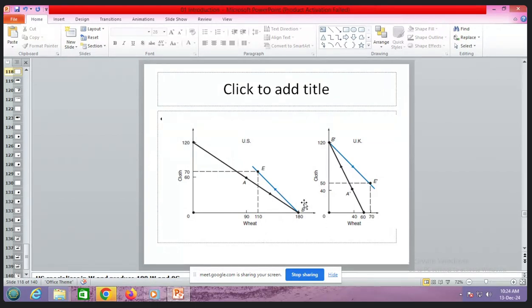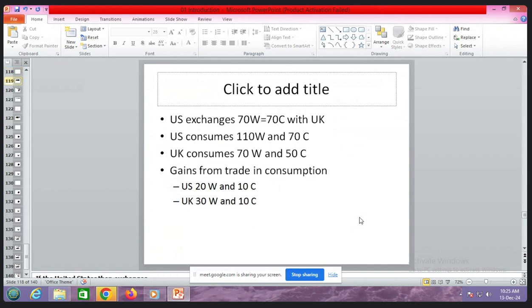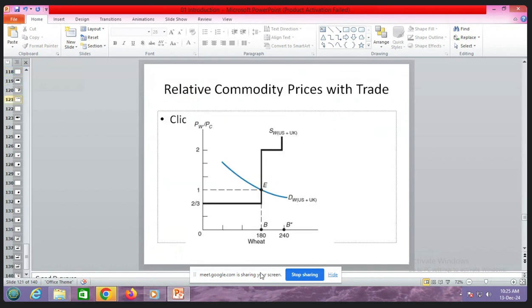We have the relative price as 2/3, which is the slope of this line, and the maximum the US can produce here is 180. And the slope of this curve is 2. So if the relative price is 2/3, the maximum that can be produced is 180. If the relative price is 2, the maximum that can be produced is 60. That is what we have shown in this supply curve.